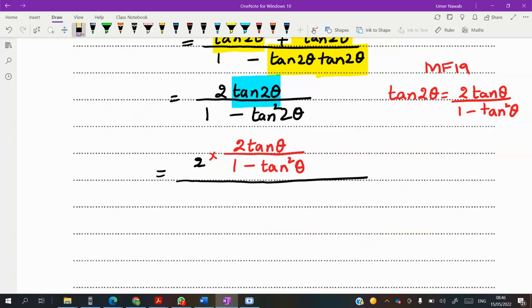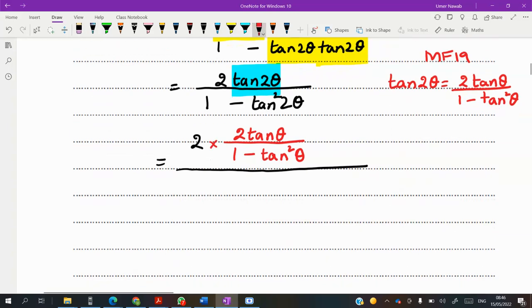Now, let me write this 2 in the middle so that the students don't get confused that this 2 is either in the numerator or denominator. So 2. Now, 1 minus tan squared theta. And tan 2 theta is equal to 2 tan theta over 1 minus tan squared theta.